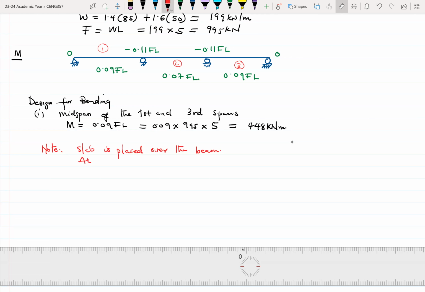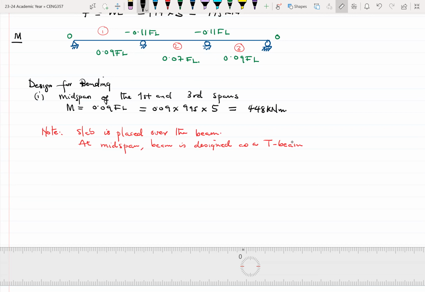So at mid-span, beam is designed as a T-beam. Okay. So here, because there's a slab on top, we are to design the mid-span as a T-beam. All right. So this is the cross-section.